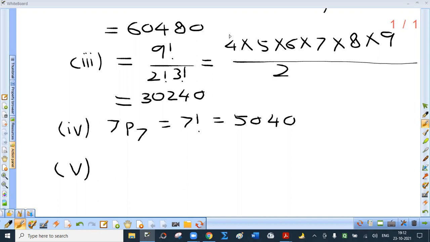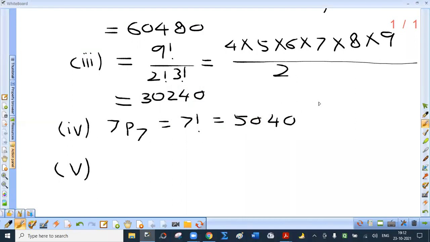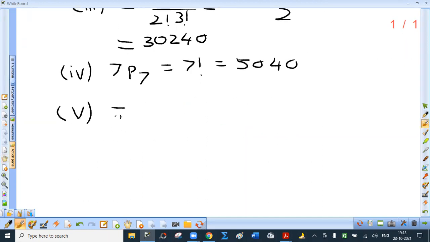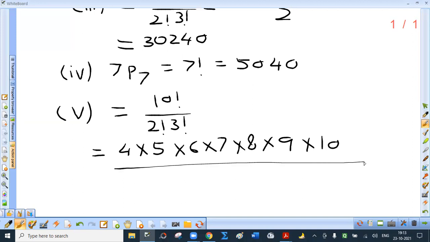Therefore, number of arrangements equal to 10 factorial upon 2 factorial into 3 factorial. So 4, 5, 6, 7, 8, 9, 10, and here 2.